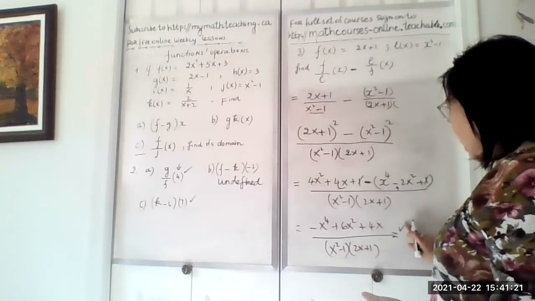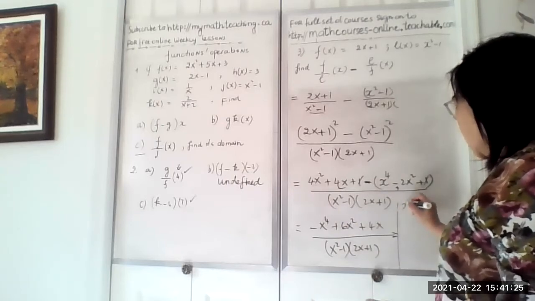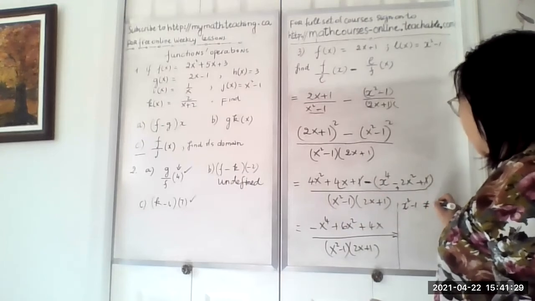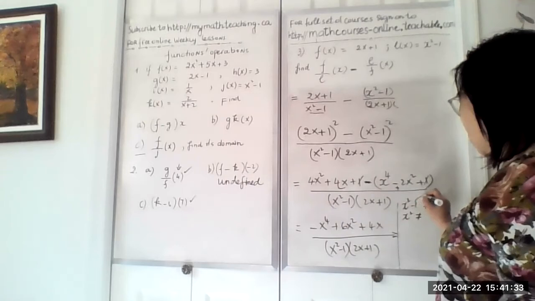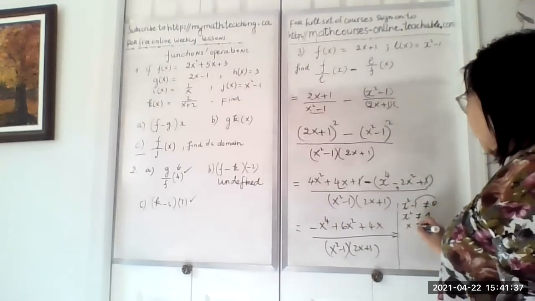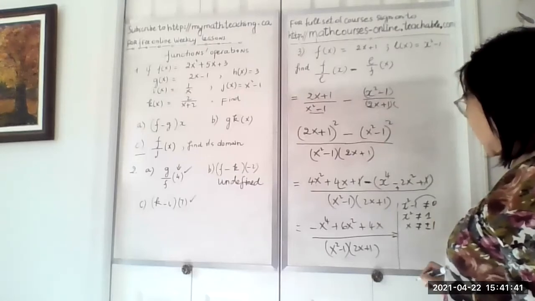However, we're going to talk about the restriction to the domain. So x squared minus 1 cannot be 0, which means x squared cannot be 1, which is x cannot be positive 1 or negative 1.